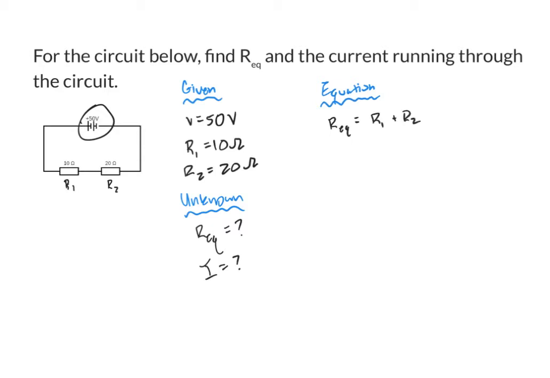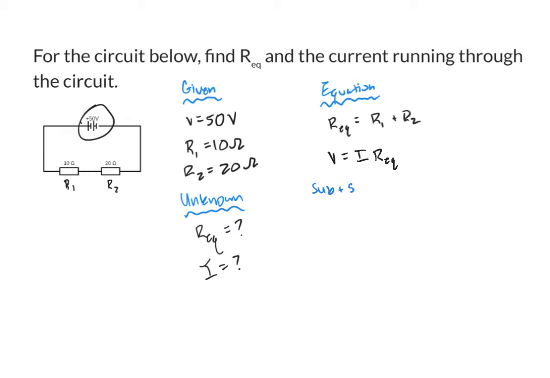And then, to find my current, I'm going to use Ohm's law. So V is equal to I times not just any R, but times REQ. And that is where my equivalent resistance is useful. I can plug it straight into Ohm's law without having to do any weird parentheses or anything like that ahead of time.